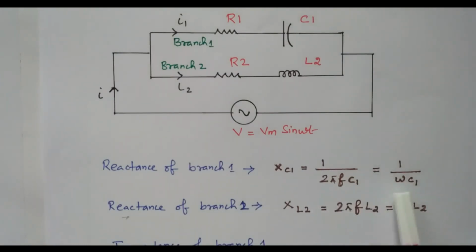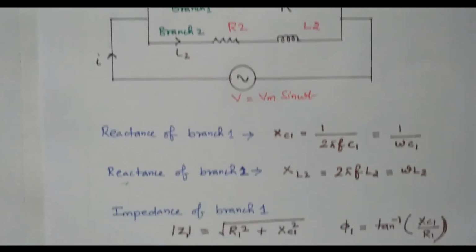This 2 pi f can be written as omega, so 1 divided by omega C1. The reactance of the second branch is XL2, since the second branch contains the inductor: 2 pi f L2, that is omega times L2. The capacitor in branch 1 is termed C1 and the inductor in branch 2 is termed L2 for simplification.